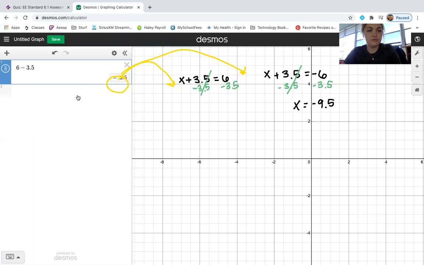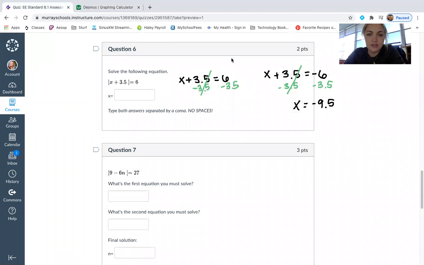Sorry, this stuff's all in the way. I can erase that circle so you can see it better. But we have positive 2.5. Okay, so my second answer would be positive 2.5. So let's type in our two answers. We would say 2.5, comma, negative 9.5.